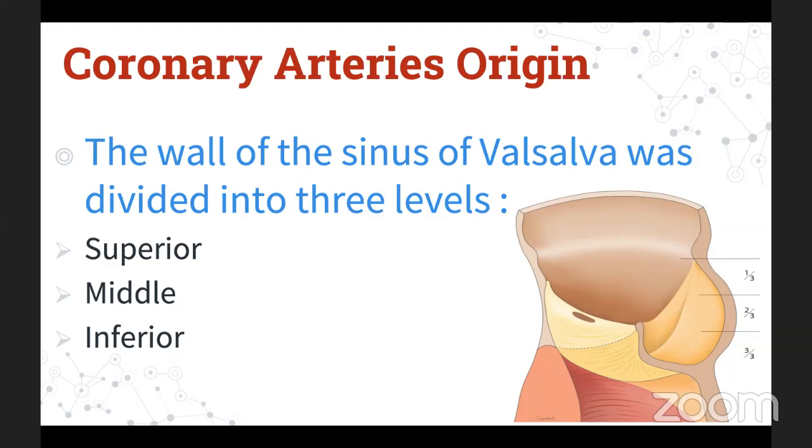If the coronary ostium is positioned in the superior third, we describe it as a high positioned ostium. If it is in the middle third, it's considered normal, and if it is in the inferior third, we call it a deep positioned ostium.